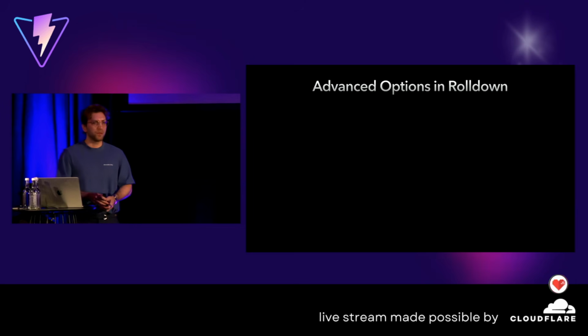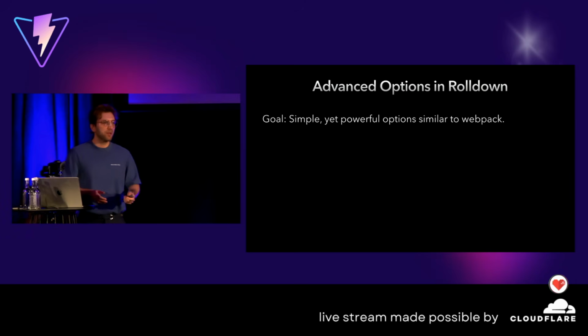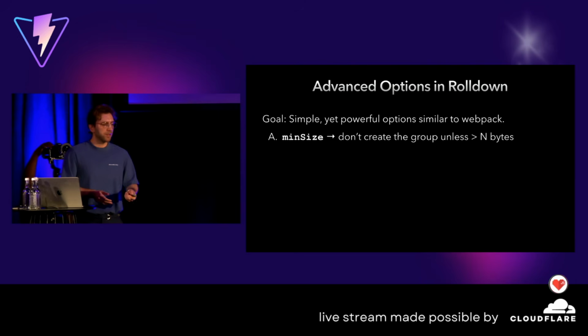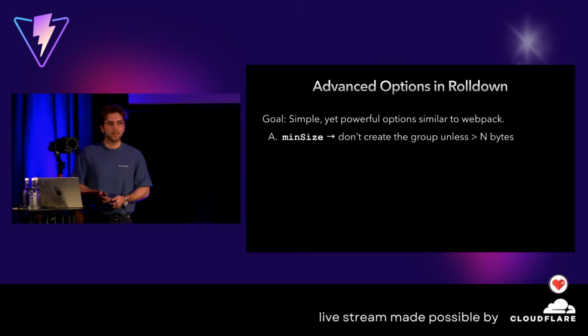Next, if you want to start optimizing, we designed some options for you in Rolldown. The goal was to provide simple, but yet powerful enough options that you can match the capabilities of Webpack's chunking. First, we have min size. That means don't create a group unless it exceeds a certain amount of bytes.